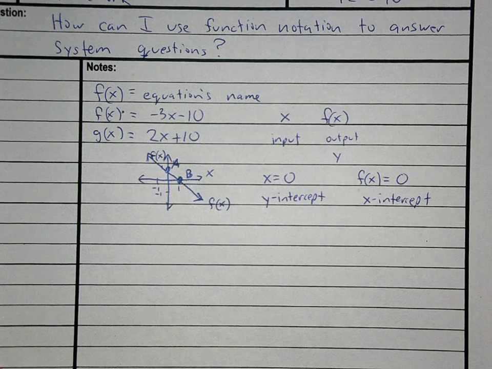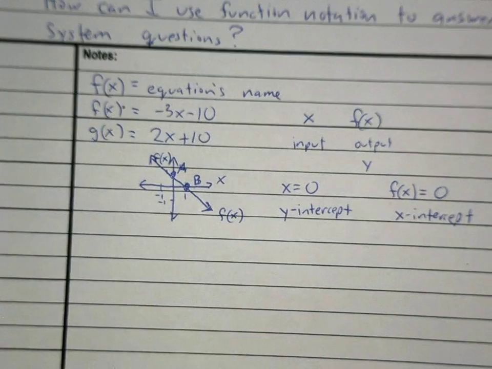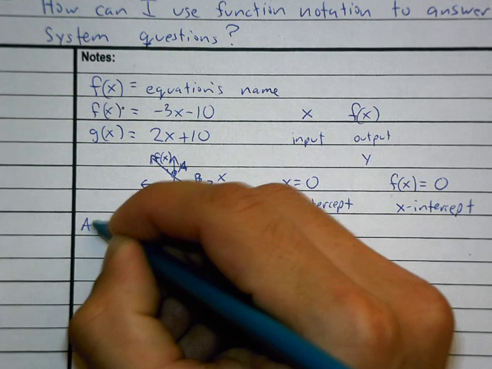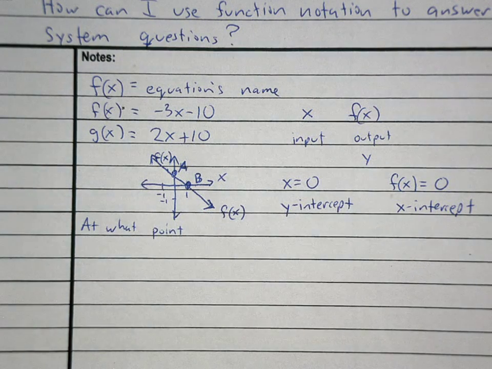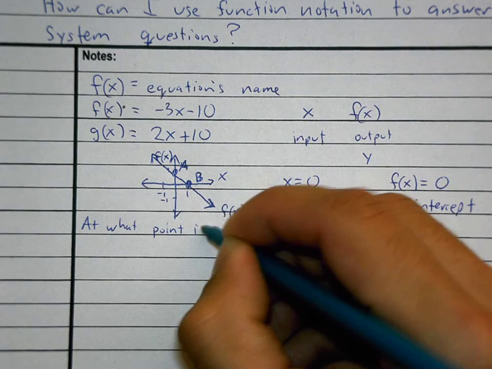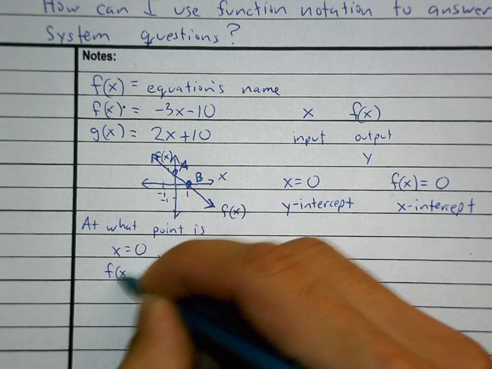I could ask you for the y-intercept of f of x, and I can ask you for the x-intercept of f of x. This is how this worksheet is going to ask you this question. It's going to say, at what point, that means use a letter, is x equals 0 and f of x equals 0.